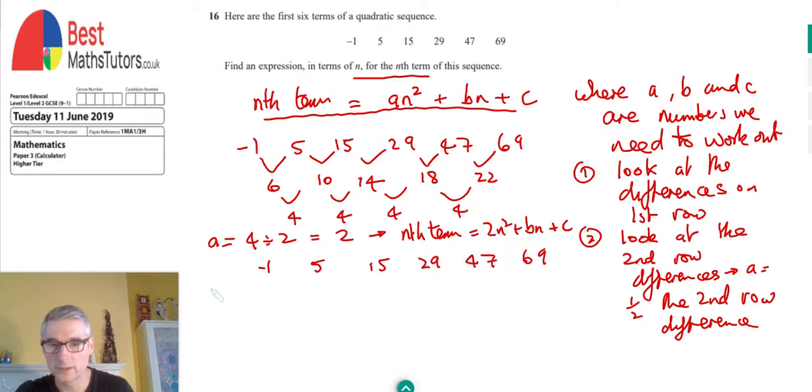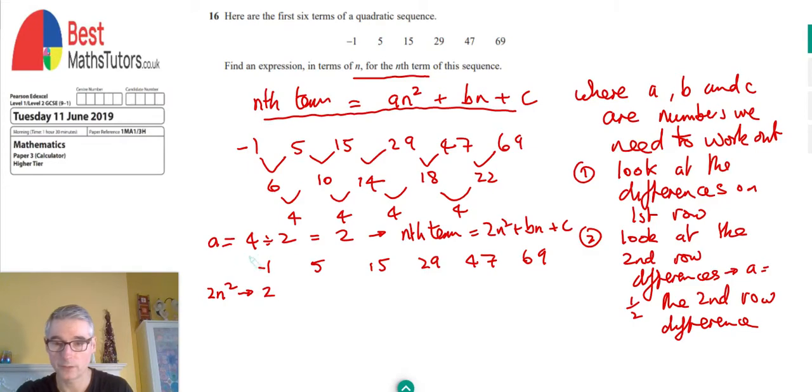And then we create another row, which is what 2n squared is.